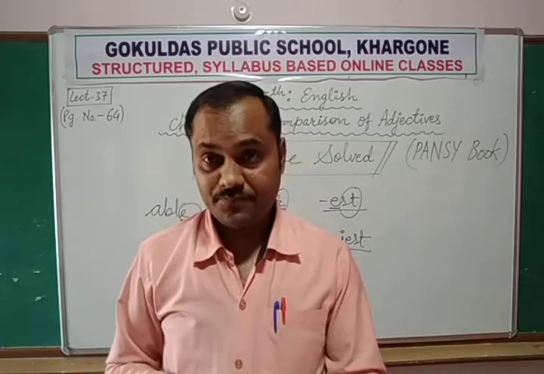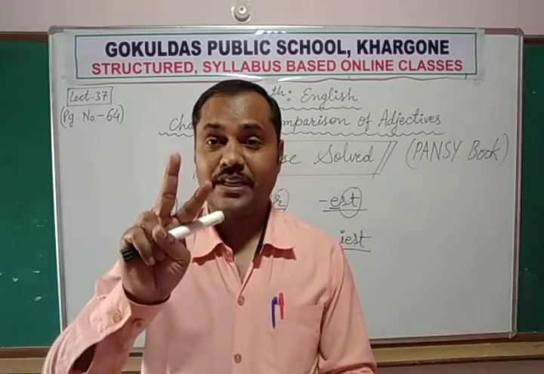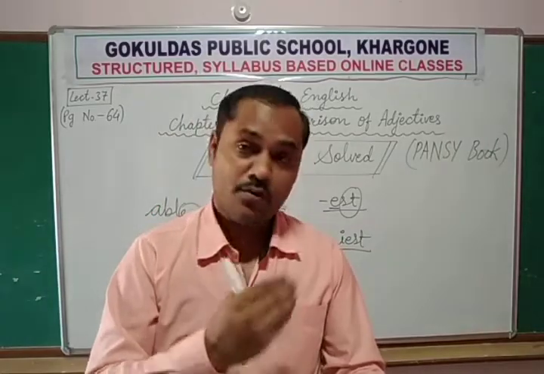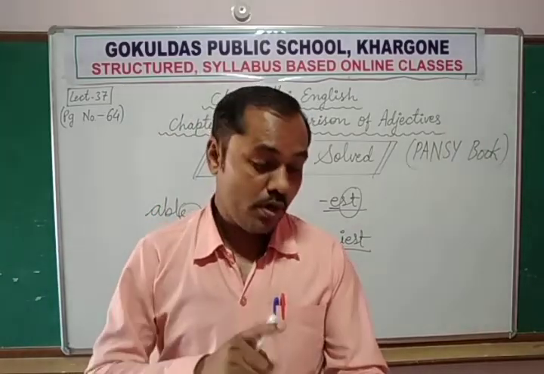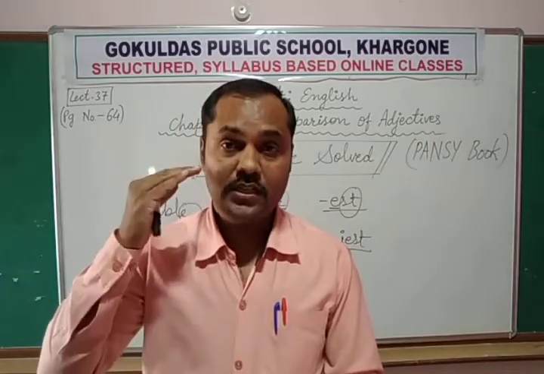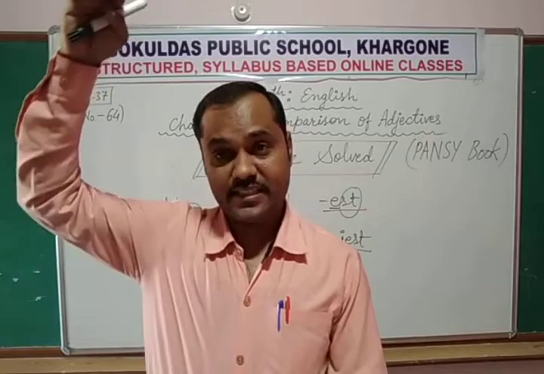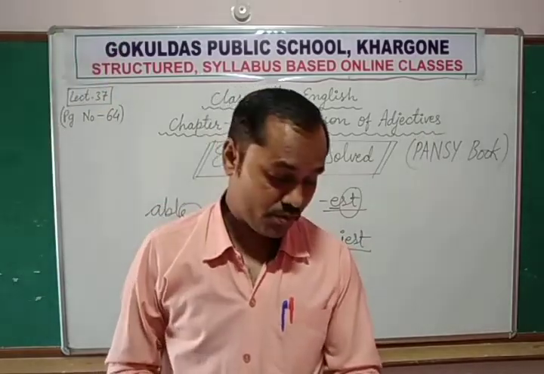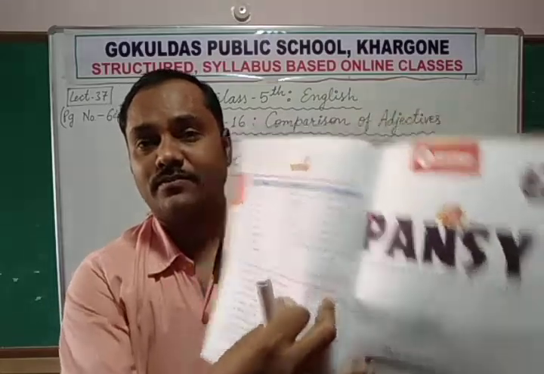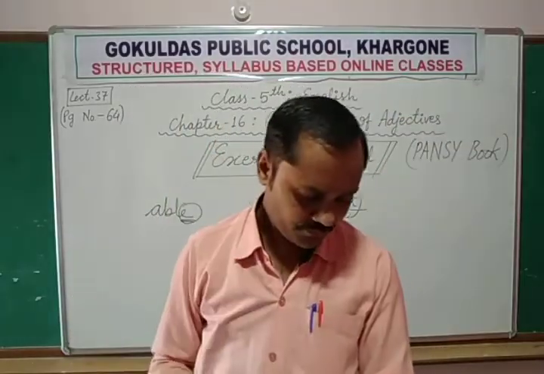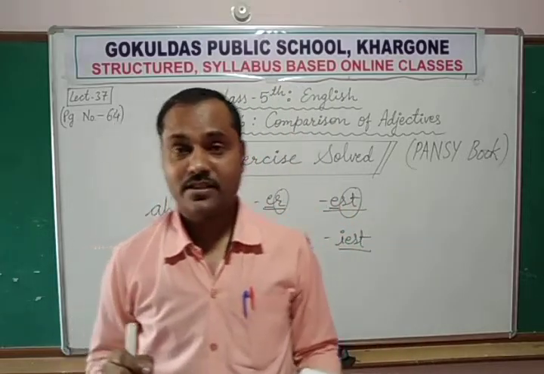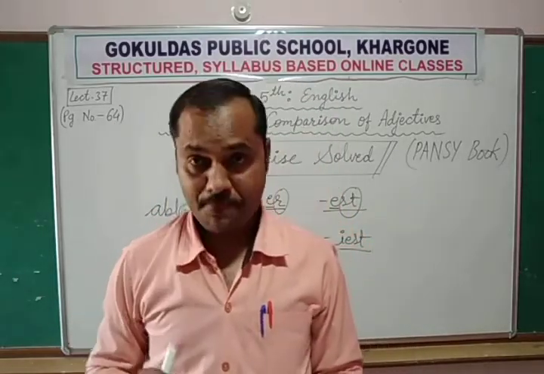Then old. Since old has two meanings, old means budha and old means purana, so old, older, oldest is also correct, and old, elder, eldest is also correct. So that's why we have written in oblique. We have written both.